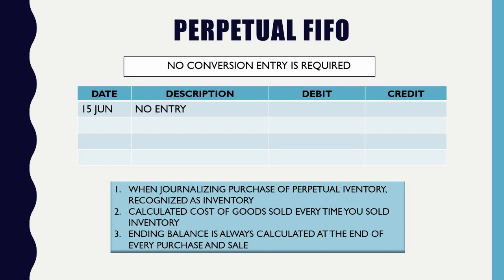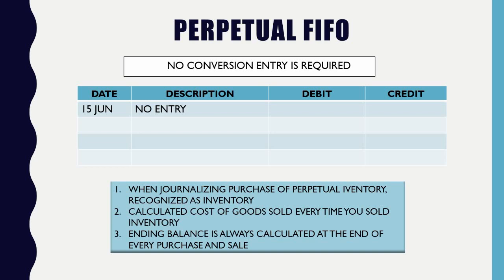So here's the thing that you need to know. Because you already have your inventory items as inventory, you absolutely do not need to do a conversion entry. What is there to convert? You didn't recognize them as expenses. They already are inventory.